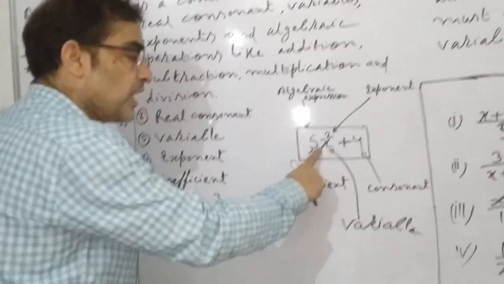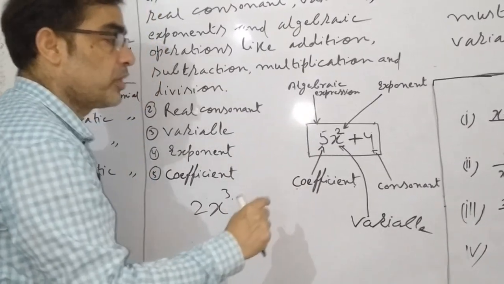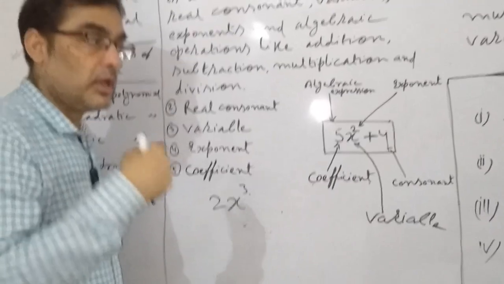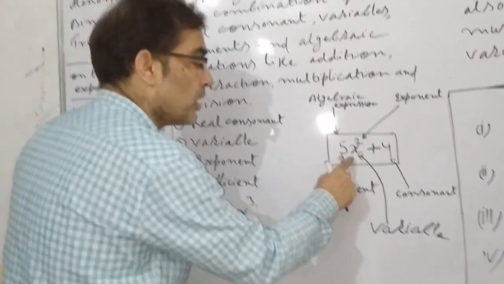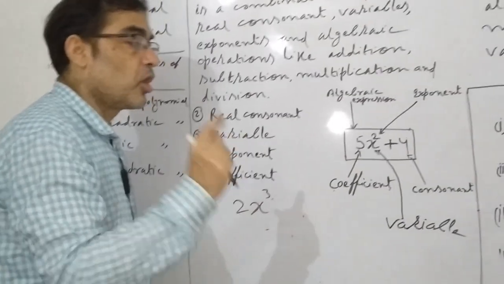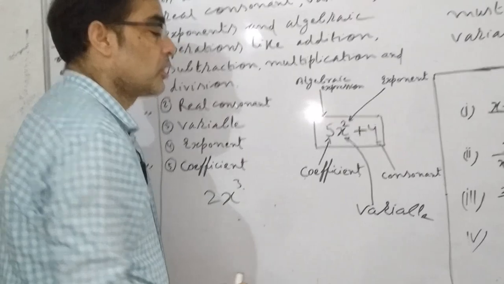Multiplication is hidden between 5 and x square. The other two operations, division and subtraction, could also appear, but here there are only two algebraic operations.